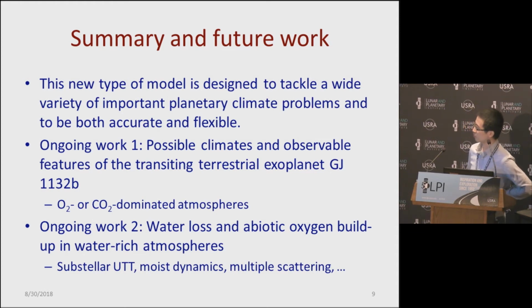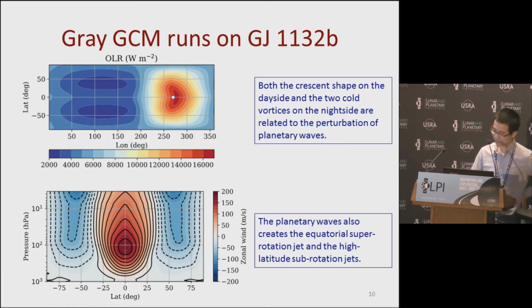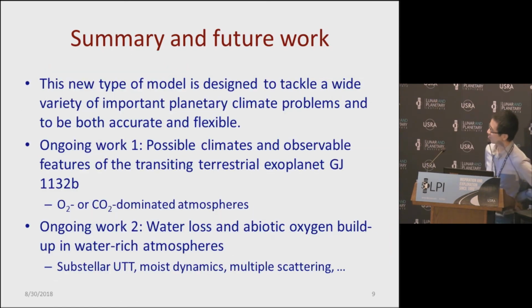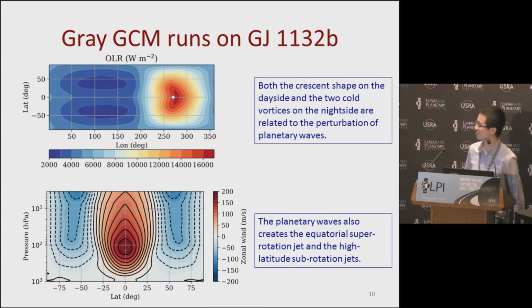And we are also working on multiple scattering, which could improve the radiative transfer calculation, especially when you have hazes or aerosols in it. So about the exoplanet simulation, I'm still trying to figure out the appropriate absorption data to be used in it, because it's so hot, and there's no such measurement or calculation of the absorption cross sections.